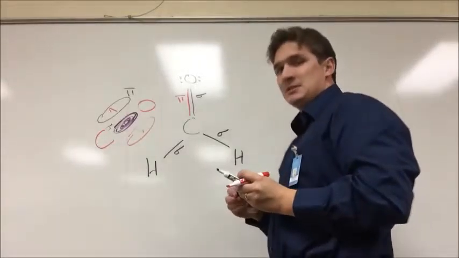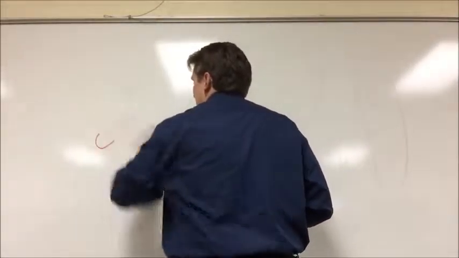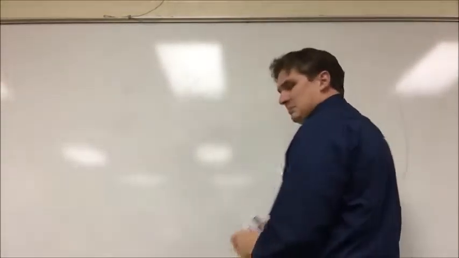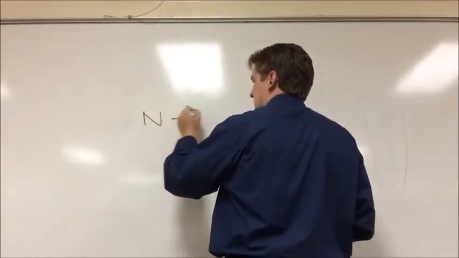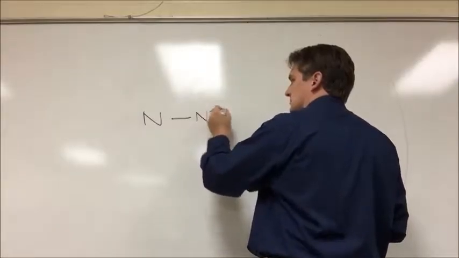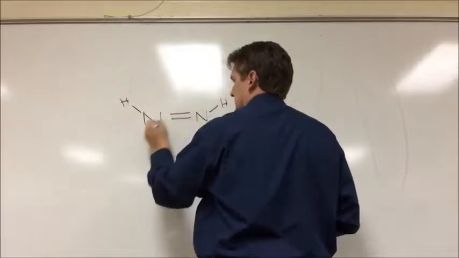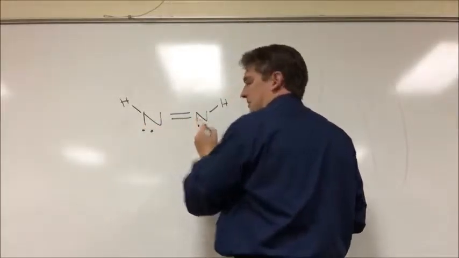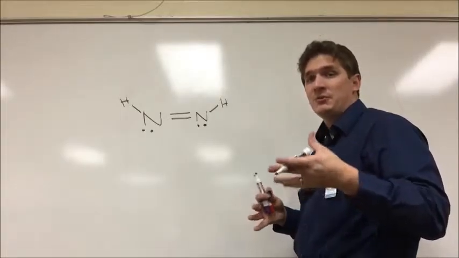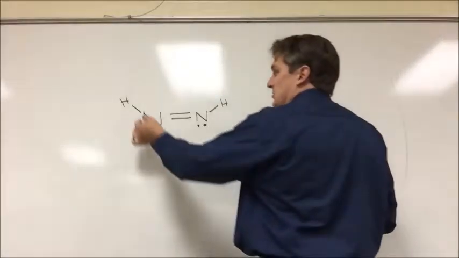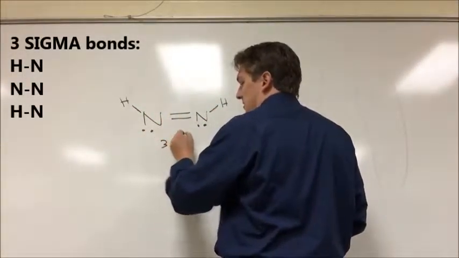So how do we count sigma bonds and pi bonds? It's actually quite easy. If we have a complicated molecule, something like N2H2, the number of sigma bonds is just the number of links we have between each atom. So we have 1, 2, 3 connections between the atoms, so we have 3 sigma bonds.